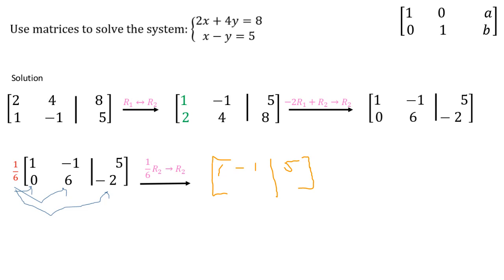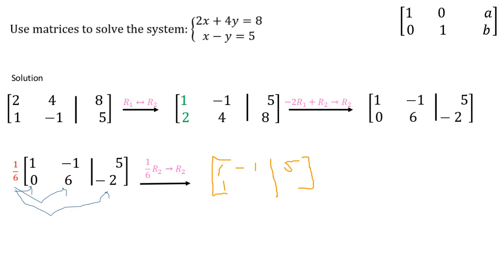If you see, when I multiply 1/6 times 0, that's going to give me 0, and 0 plus 1 will be 1. 1/6 times 6 is going to be 1. And when I add these, it's going to give me 0. 1/6 times a negative 2, that's going to give me a negative 1/3.